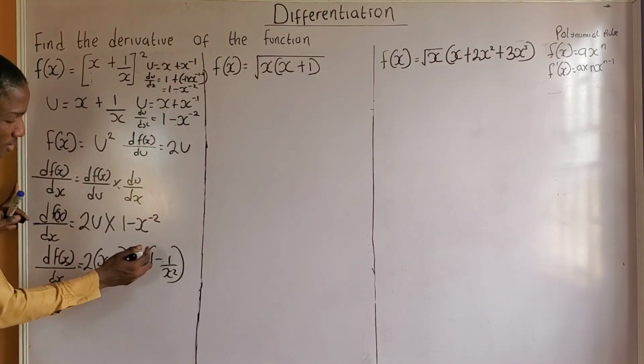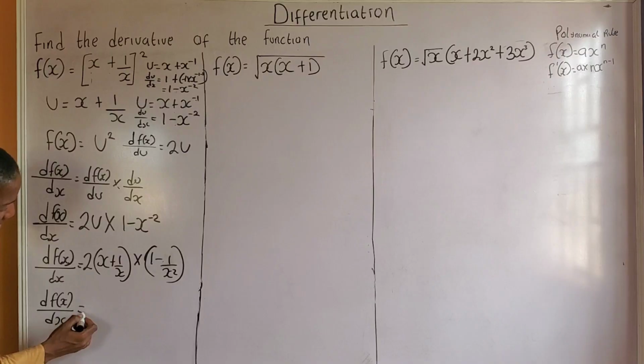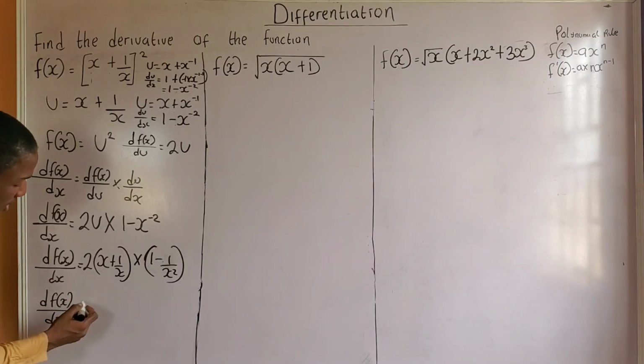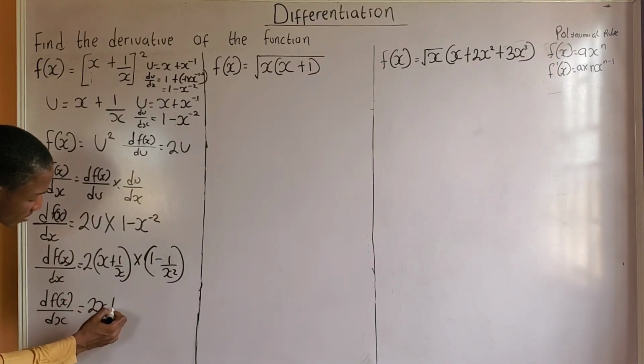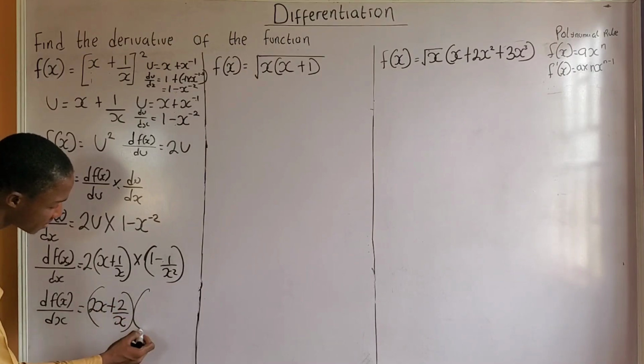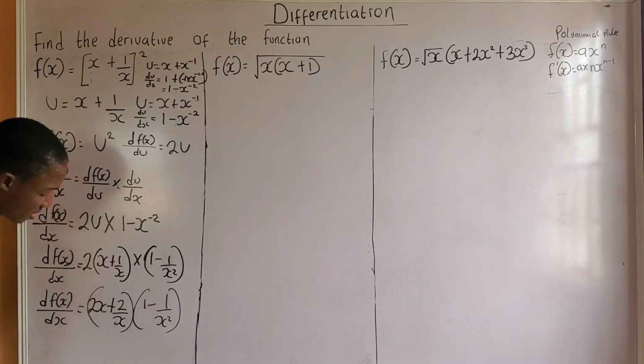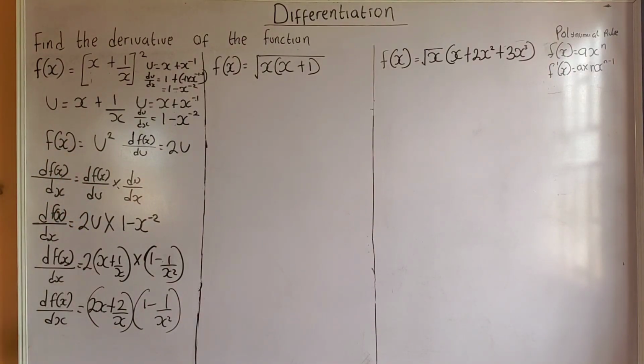Okay, now please pay attention. The derivative of f of x with respect to x is equal to, now open the bracket, 2x plus 2 all over x multiplied by 1 minus 1 all over x squared. Okay, you can still expand the bracket.